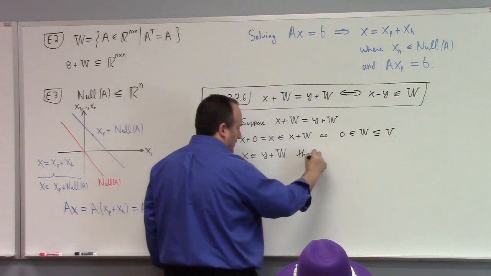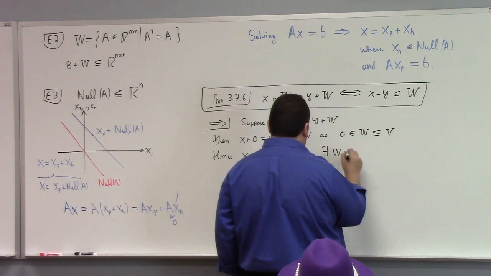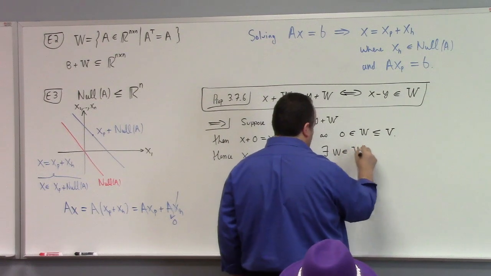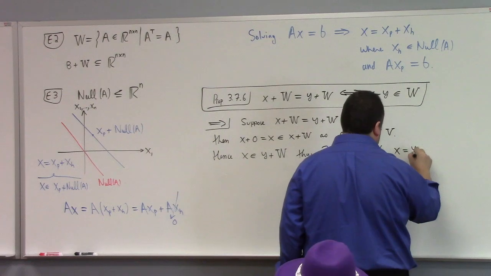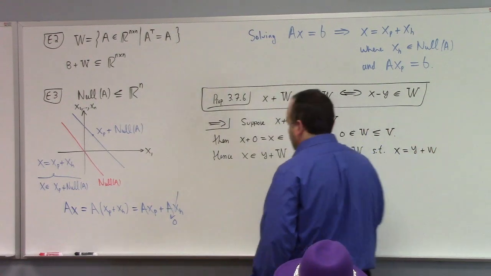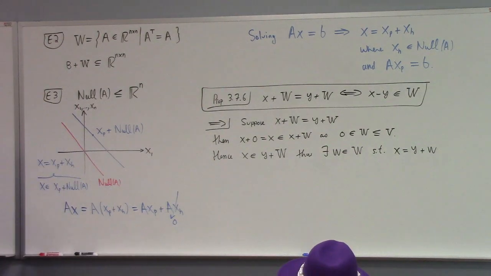Thus, there exists a little w in big W such that x is equal to y plus the little w by the definition of coset, right?